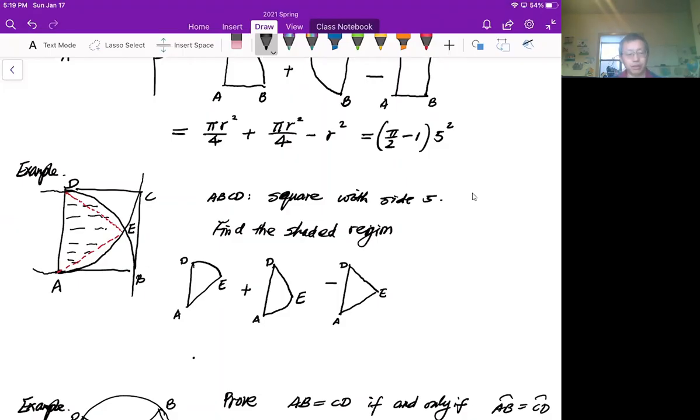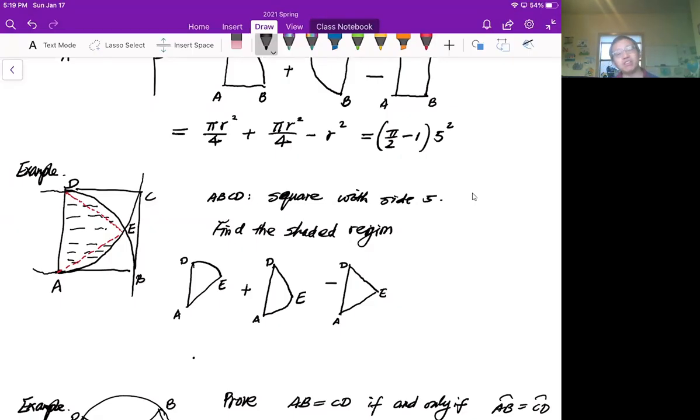So let's see. You have to figure out why this is correct. Does it make sense? Why is this correct? First you have a sector this way, and then you have a sector the other way, something like that, and then you subtract the equilateral triangle.